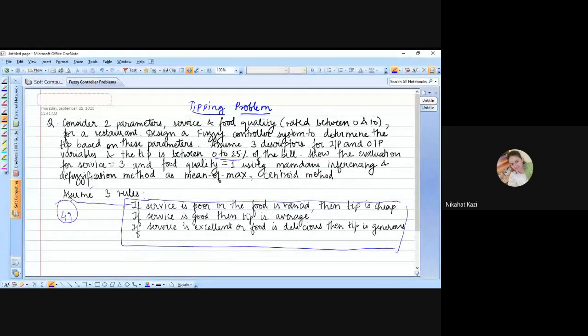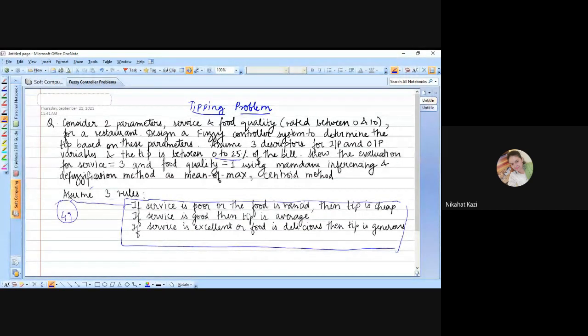That is what is mentioned. And there is one rule which is having only a single input, that is service, and that will decide whether the tip is average or not. This is given to you. You have to use everything else, you have to design in the same way.